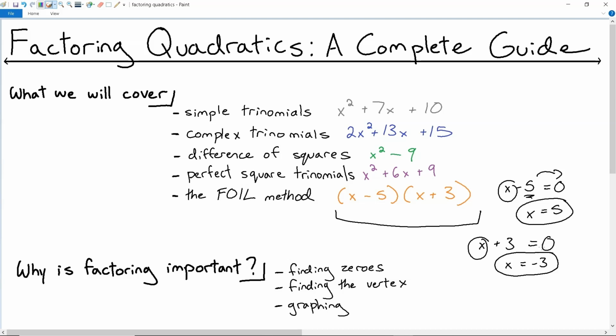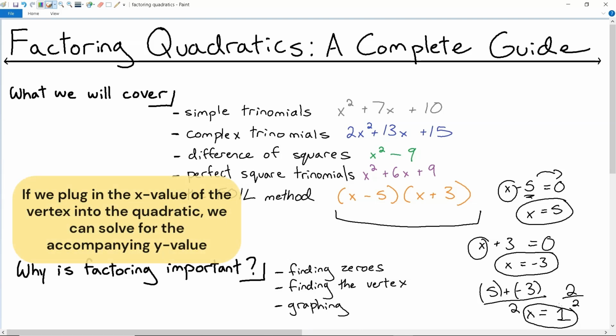So if I find that midpoint value between the zeros, that will be the x value of my vertex. A simple way you can do that is you can just take your two x values, add them together, divide them by 2, and that should give you the appropriate value. So 5 plus negative 3 would just give me a 2. Therefore, our vertex in this scenario has an x value of 1.